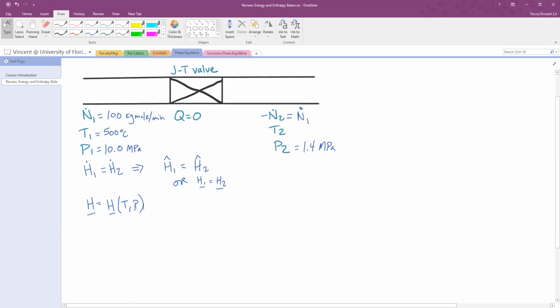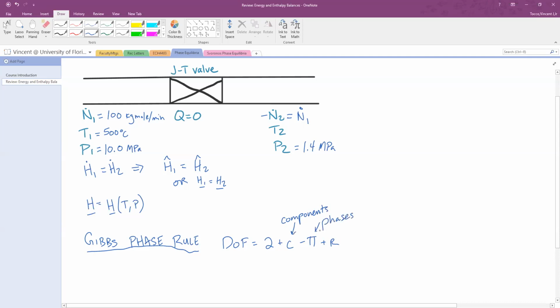How do I know that H is a function of 2 variables? Recall the concept of Gibbs phase rule. Gibbs phase rule tells me the number of intensive variables I must specify in order to specify the system. So by Gibbs phase rule, the degrees of freedom is equal to 2 plus C minus pi plus R. Remember, C is the number of components, the number of chemicals or species you have in your system, and pi is the number of phases.